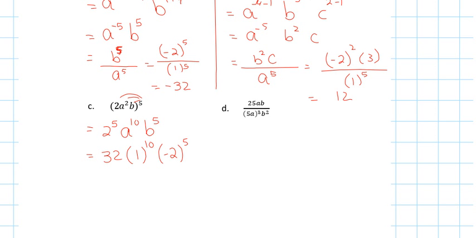So that's going to be 32 times 1 times negative 32, no? And what is that equal to? Negative what? 10, 20.